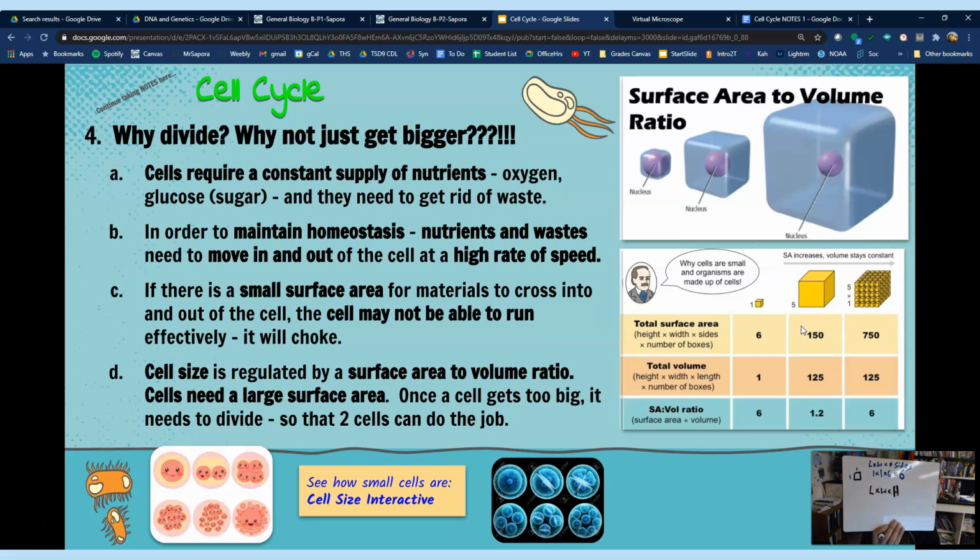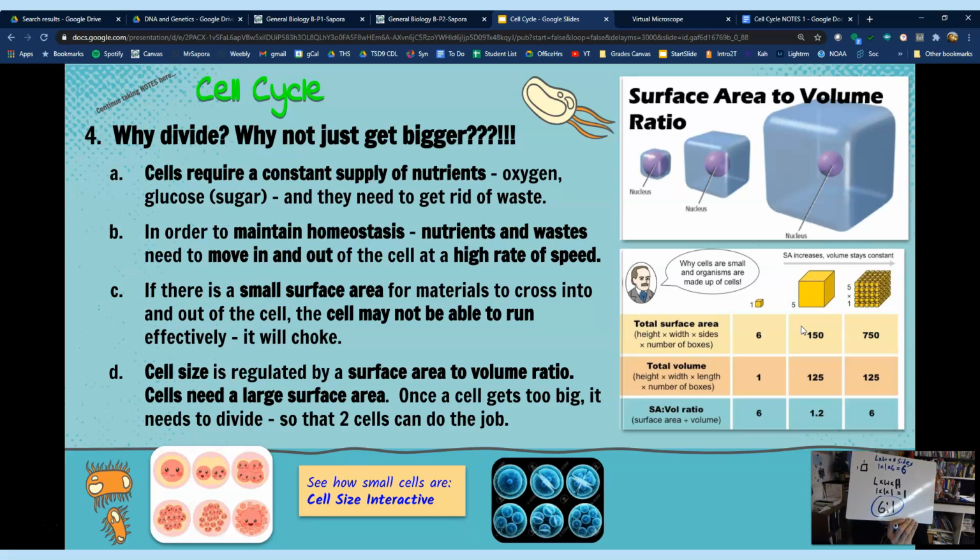And if it's a 1 centimeter cube, it's 1 times 1 times 1, and that's going to equal, oh boy, this is tough math, 1. So the surface area to volume ratio is 6 to 1. Surface area is 6, volume is 1.